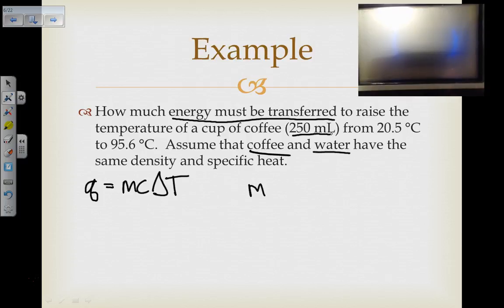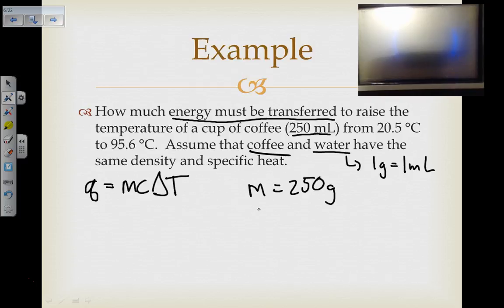Remember that mass and volume are related by density. What's the density of water? 1 gram per milliliter. So basically, the mass is 250 grams, because for water, 1 gram equals 1 milliliter.